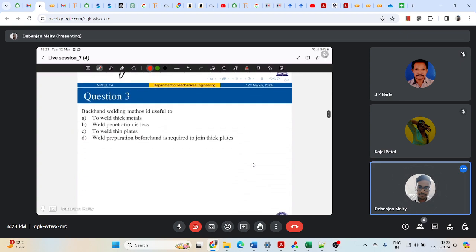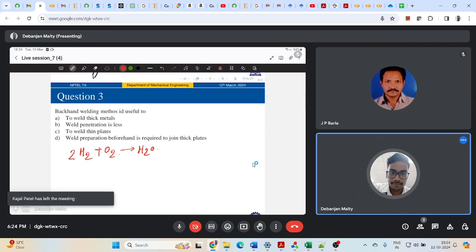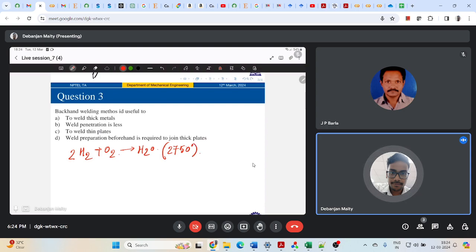So in the ratio of 1 is to 2, if I react hydrogen and oxygen, it forms some vapor, right? So this gas mixture produces a kind of strongly oxidizing flame where you can generate temperature up to some 2750 degrees C. So I can increase my temperature up to this temperature.